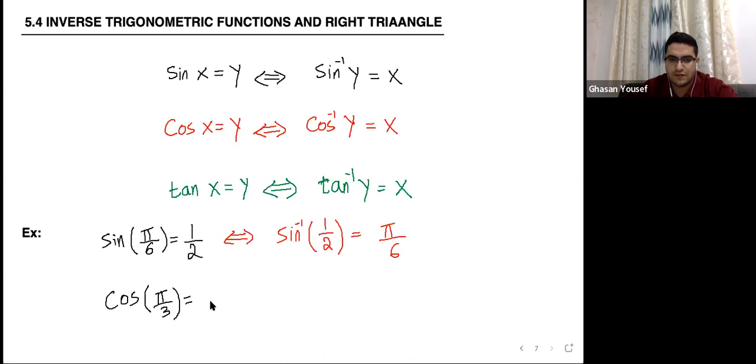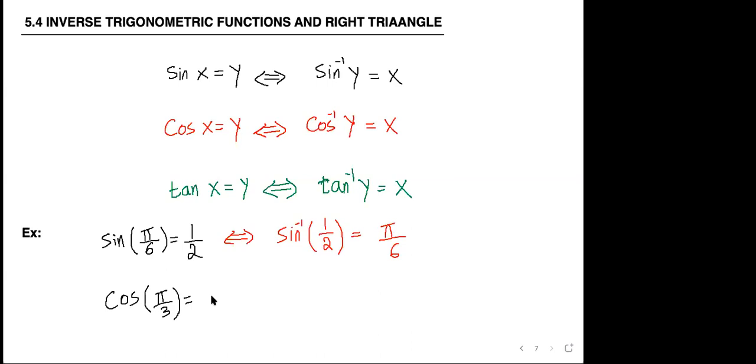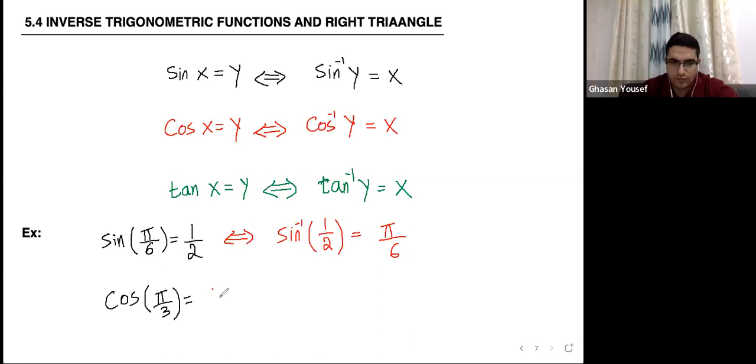Square root of 3 over 2. This is the cosine of pi over 3. Now, if you take the inverse for both sides, you will get cosine inverse of square root of 3 over 2 equals pi over 3.